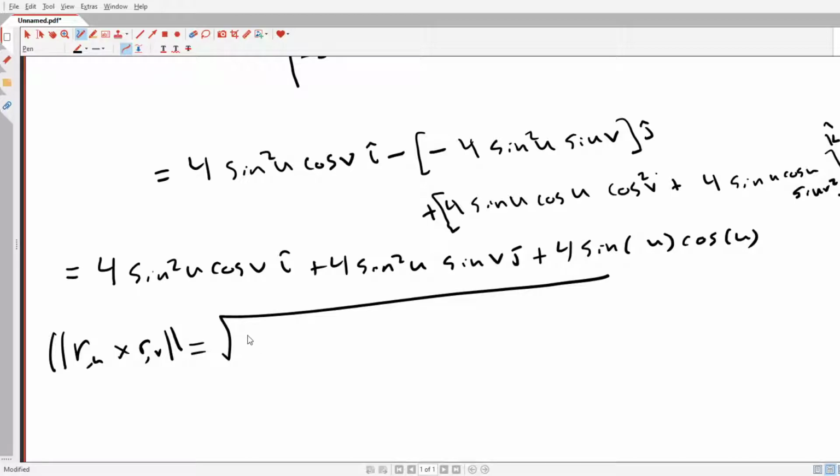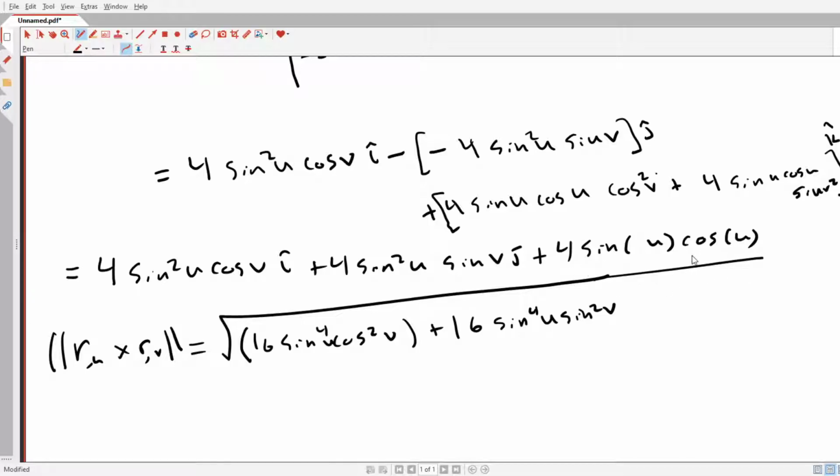Okay, so here I have 16 sine to the 4 u cosine squared v, plus 16 sine to the 4 u sine squared v plus 16 sine squared u cosine squared u.